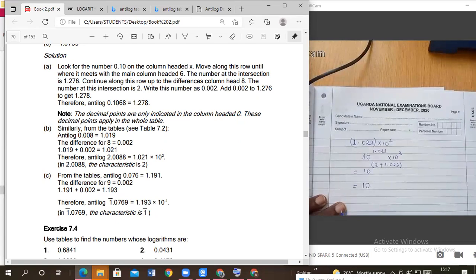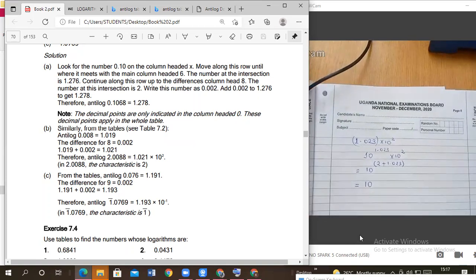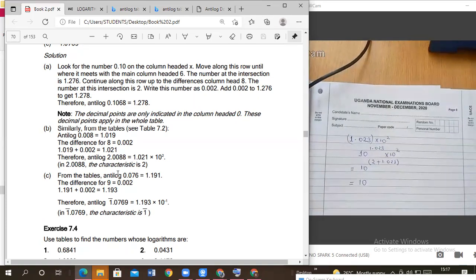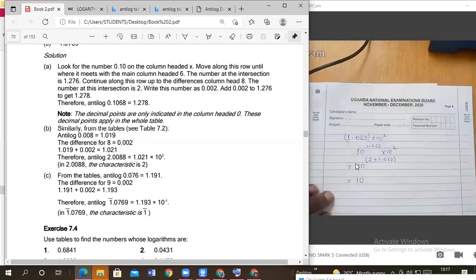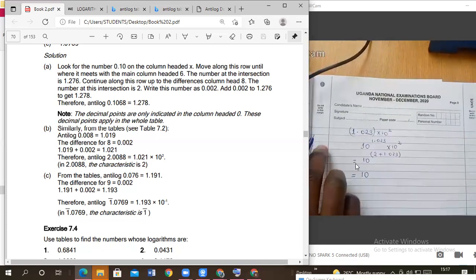What do you get? Teacher, you are still calculating. 10 to the power 3.023.